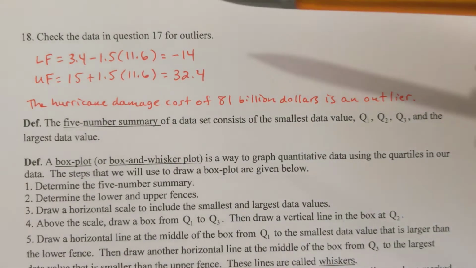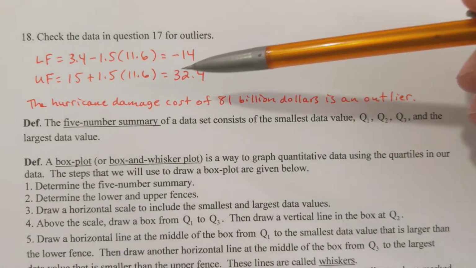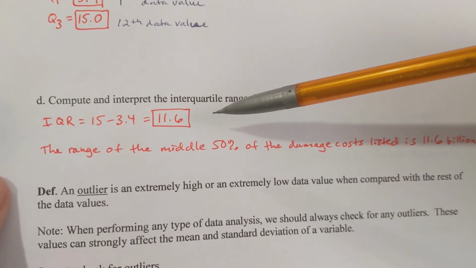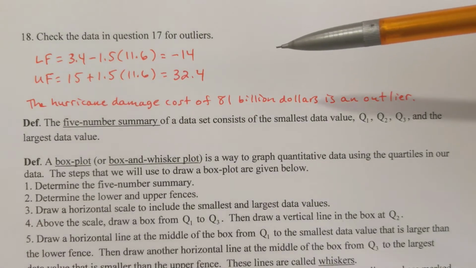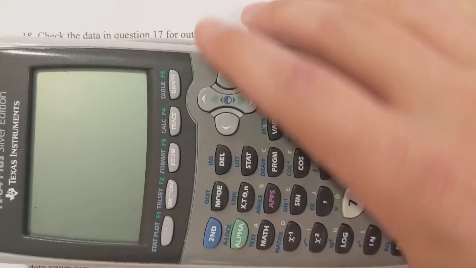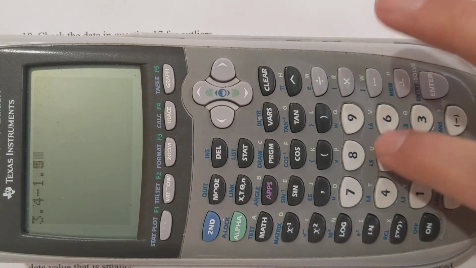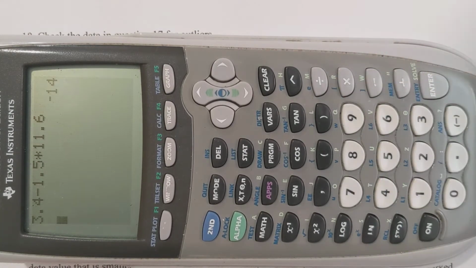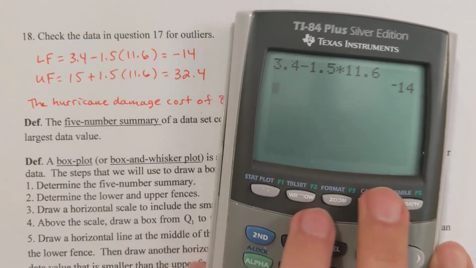To find the lower fence, I take 3.4 minus 1.5 times the interquartile range, which was 11.6 in that problem. When I enter that in the calculator, 3.4 minus 1.5 times 11.6, I'm getting negative 14 as the lower fence.